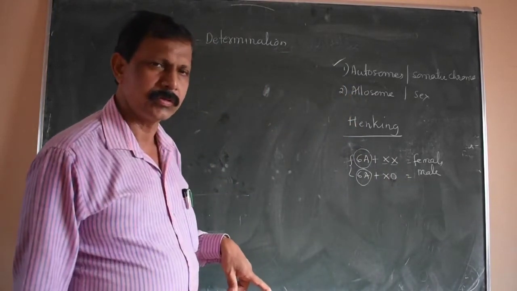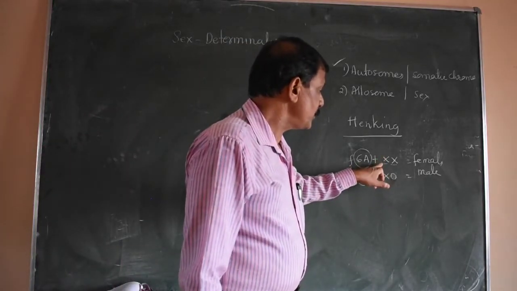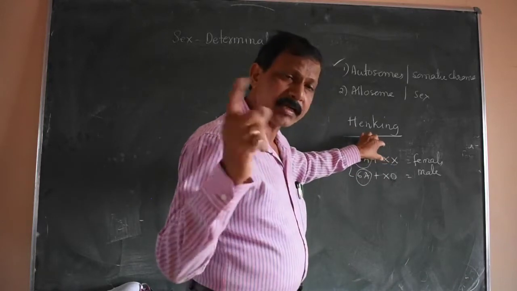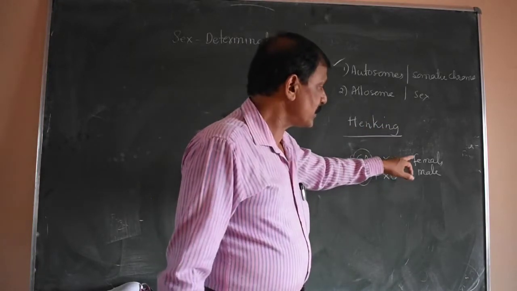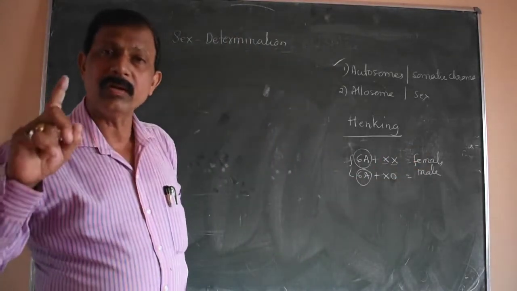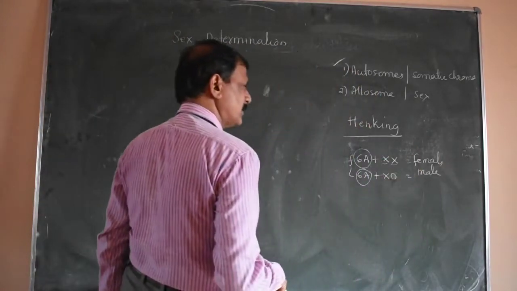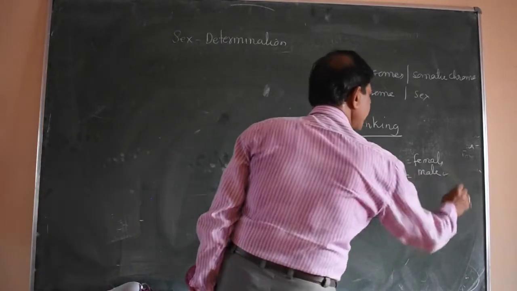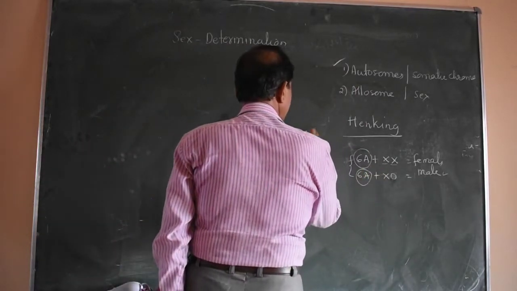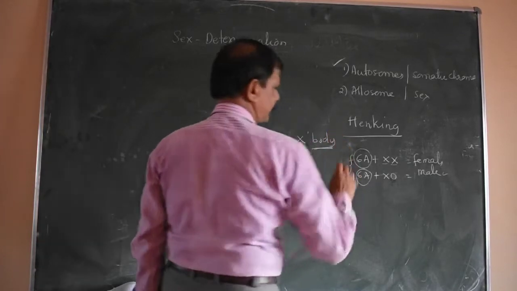You understood? So the one containing 2 X chromosomes is considered a female, and the one containing only 1 X chromosome and another 0, which does not contain any factor, is considered a male. That is why this concept is called the X body concept by Henking.